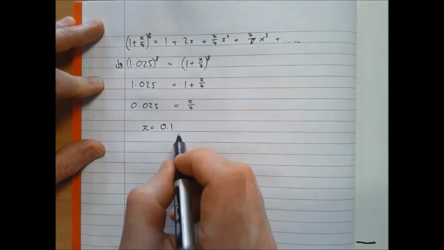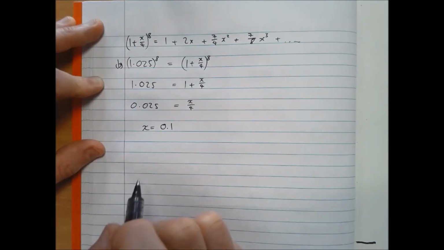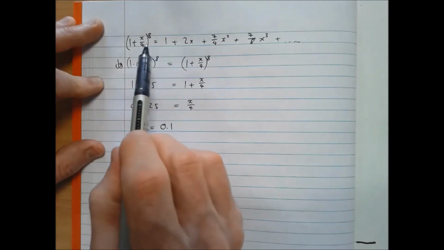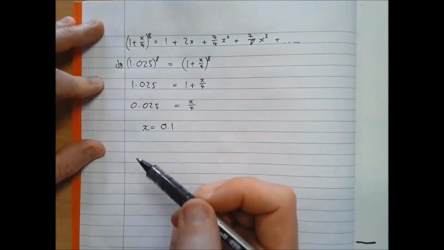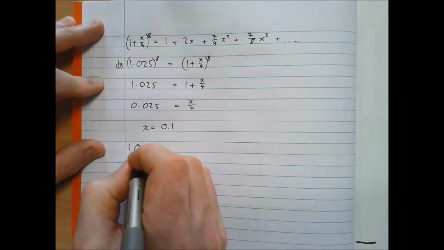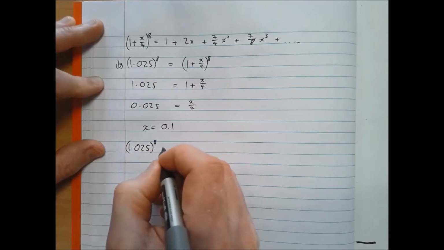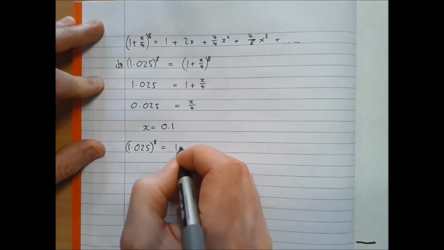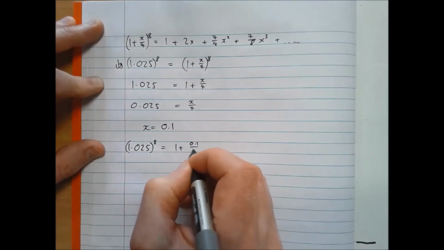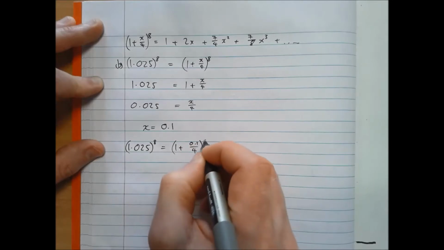So x is small enough for us to use as our value, which we're now going to substitute into our expansion from part A. So 1.025 to the power of 8 we're saying is the same as (1 + 0.1/4) to the power of 8.